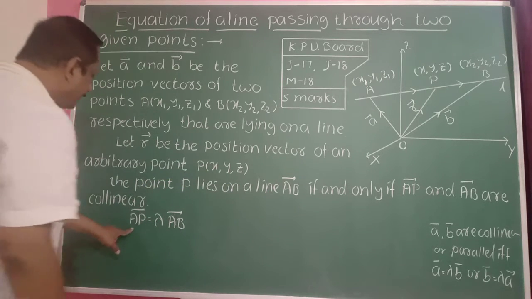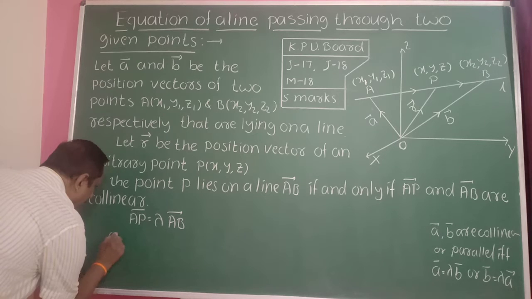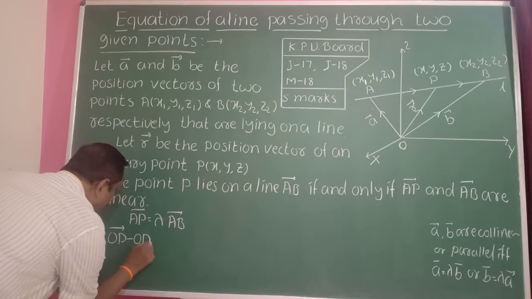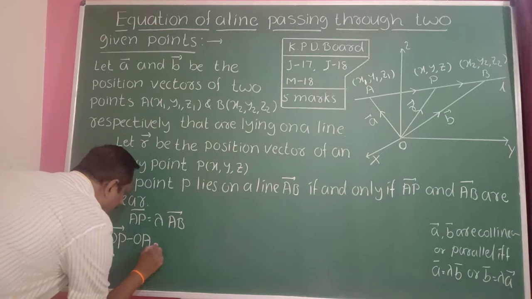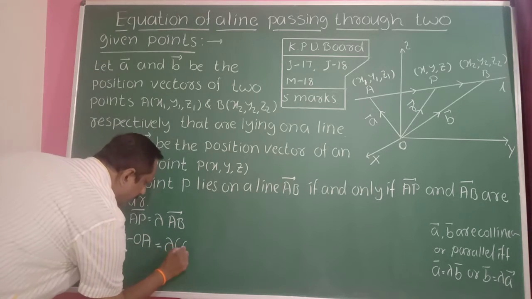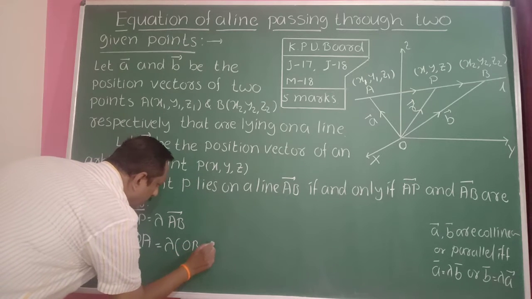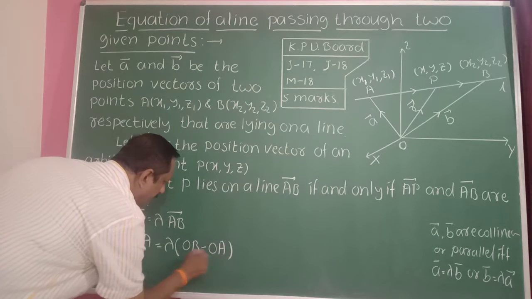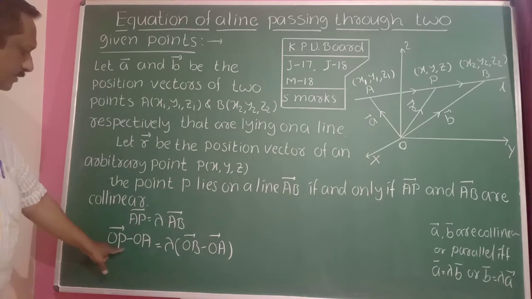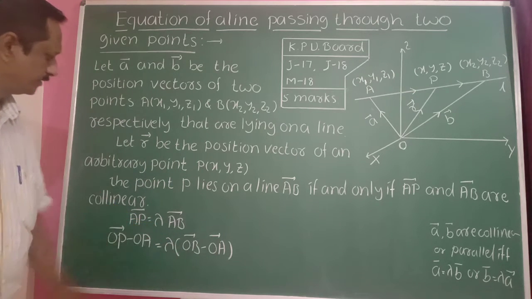Then AP can be written as OP minus OA, which is equal to lambda into AB, and AB can be written as OB minus OA. Okay, AP is OP minus OA, AB is OB minus OA.